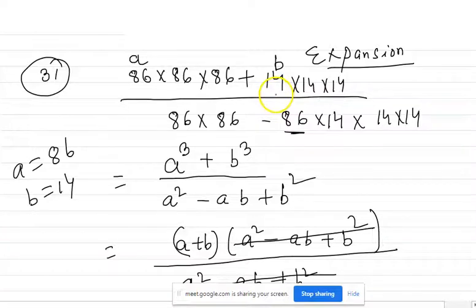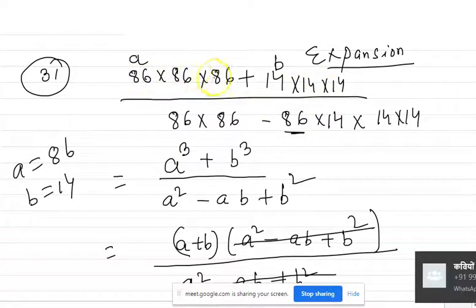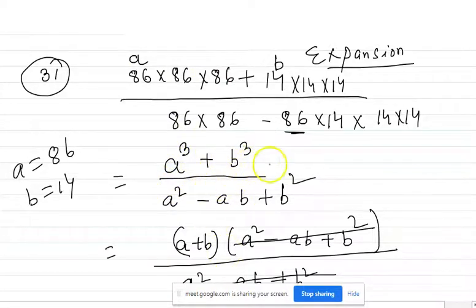Okay, Devpriyo? You can see now, this is the question. So this is A and this is B. So 1, 2, 3, so can I write here A cube? So A cube plus B cube by A square minus AB plus B square. I have written.